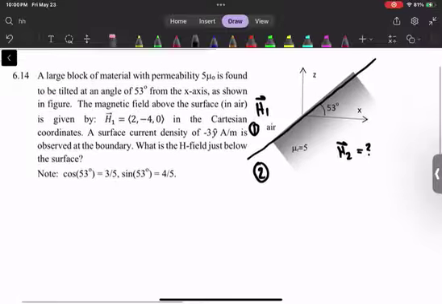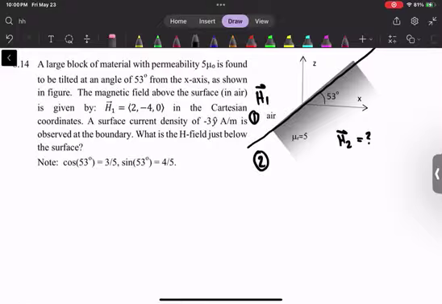To start off this problem, we should understand our equations and what they're saying. We know that the H field is our magnetic field intensity.